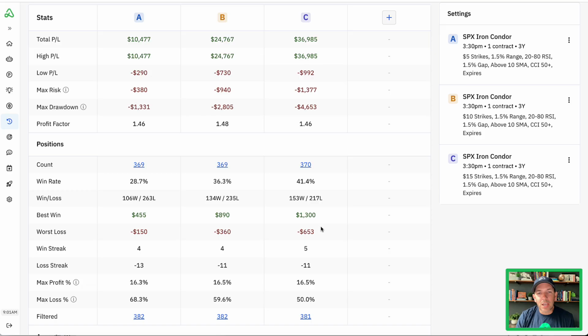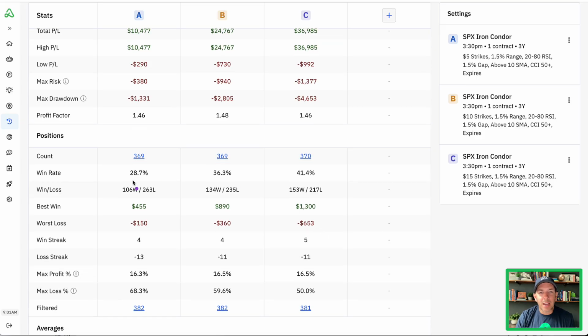If you look at some of the other position stats, you can see we did have improving win rates. Again, that's expected because you're taking in more credit and going wider, so you're more likely to land inside of that zone. This is more about how you want your strategy to go as you progress. Do you feel better with a higher win rate?